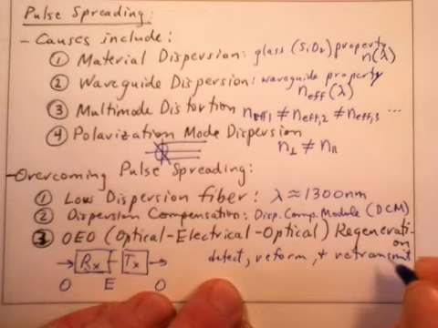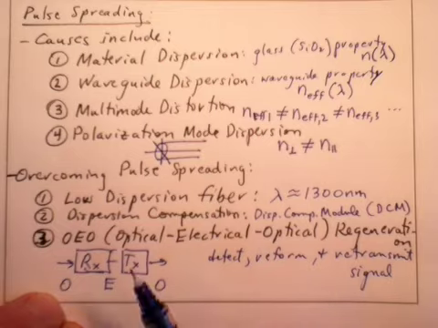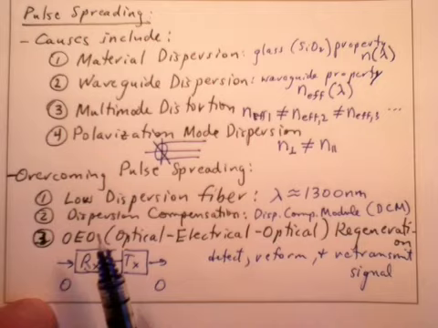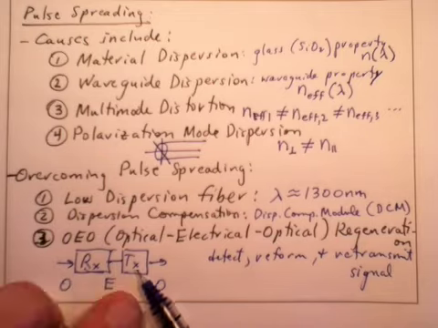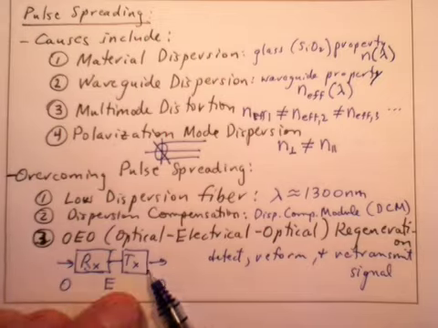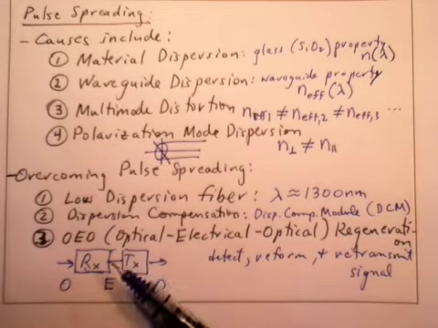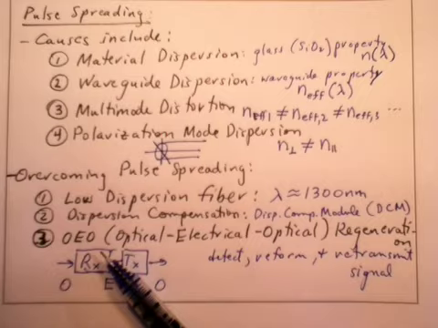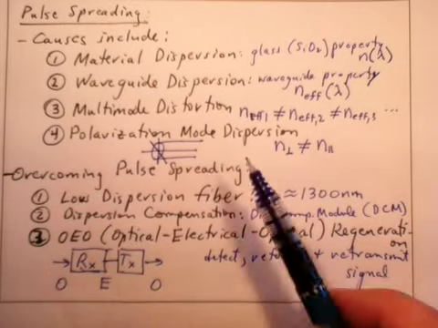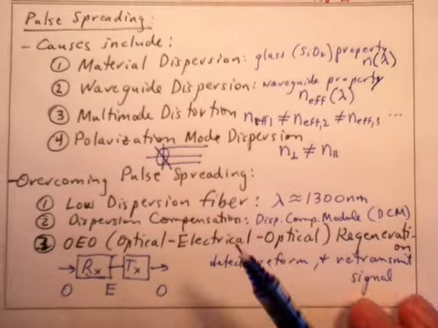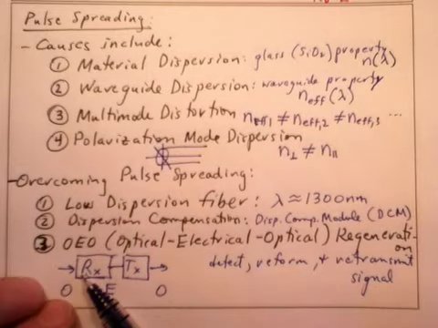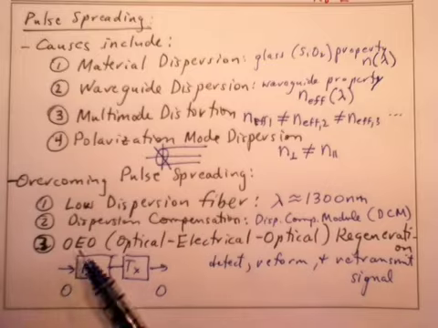And if we do our OEO regeneration before the bit error rate deteriorates, then it's great because our receiver then has very low bit error rate, and then at the transmitter we create a perfectly brand new clean signal again. And so with OEO regeneration we really can have arbitrarily long fiber optic lengths as long as we keep each length short enough that our bit error rate is very small. Okay, so that's sort of the ultimate.